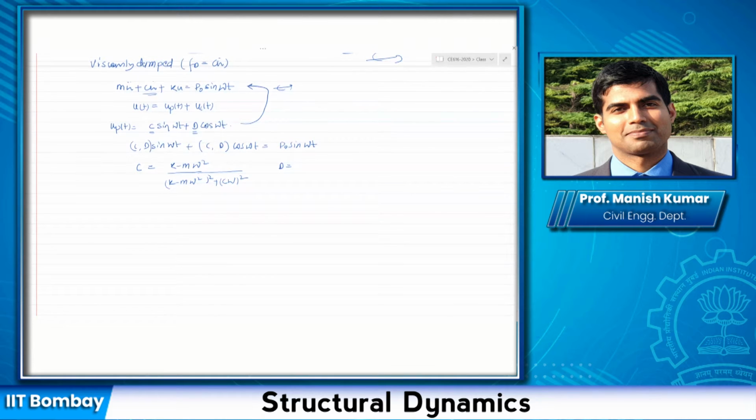d is p naught c omega. Is there a p naught here as well? Yes, sir. P naught with the c also is there, sir. Yes, p naught is there. I'm writing p naught here.